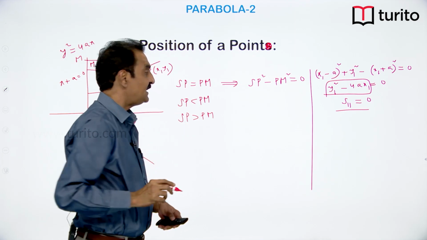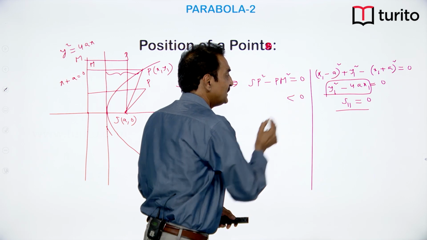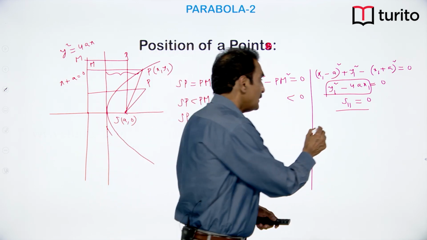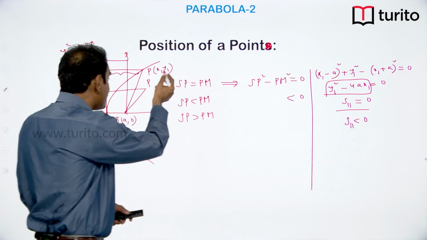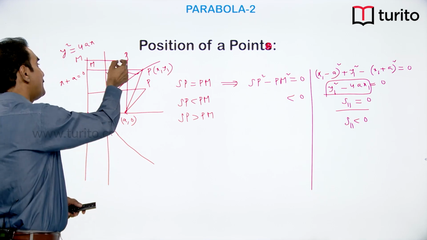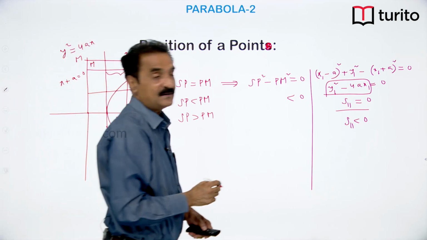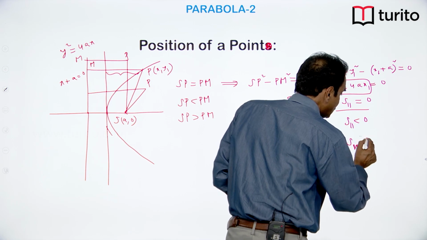If you take SP less than PM, then SP square minus PM square will be less than 0. So, S11 will be less than 0 for points lying inside the parabola. If a point P lies outside the parabola, then S11 is greater than 0.